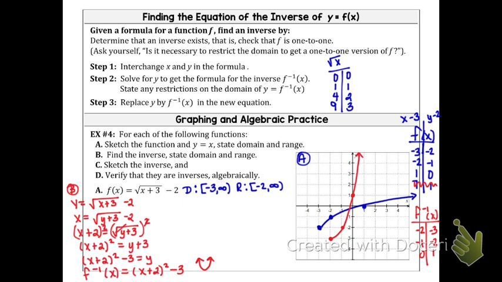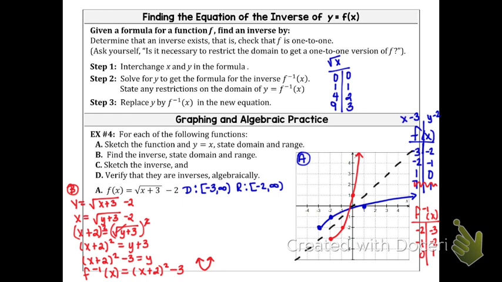All right, and we can picture it if we drew in the line y equals x. We could see that they are reflections across that line. I didn't draw that in, and it actually had said to in A. I missed that part. So we can see there are reflections across that line.